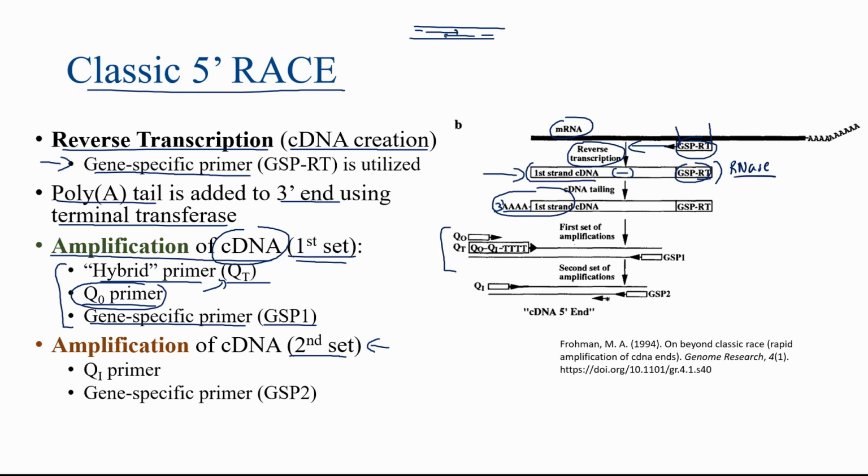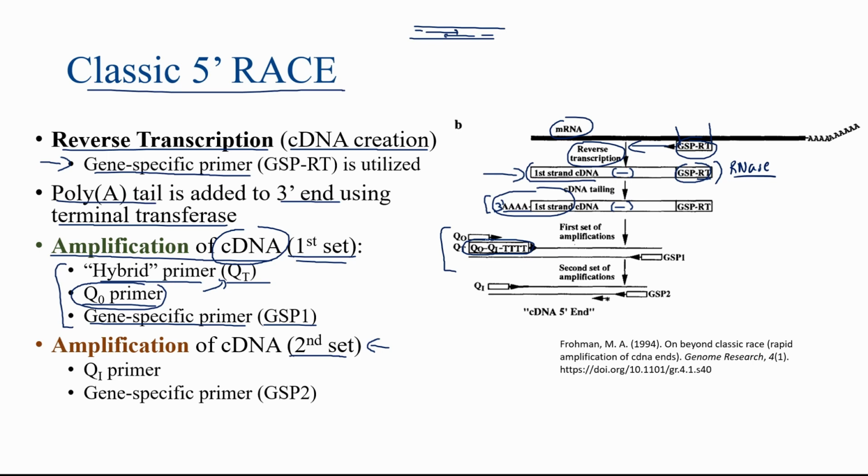So the first thing to recognize is that the first thing that's going to happen here in terms of the cDNA that has a poly A tail added is that it's going to anneal with our hybrid primer here to form a second strand of cDNA. So in this case, this is our negative sense strand.